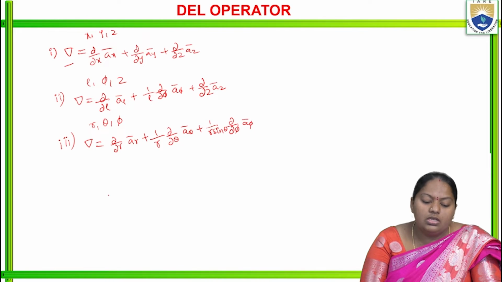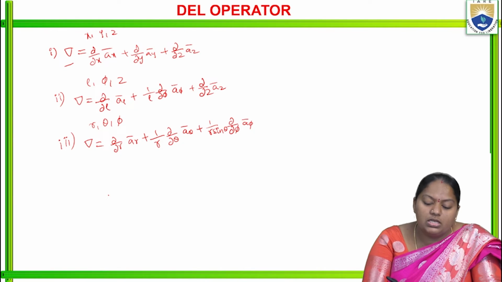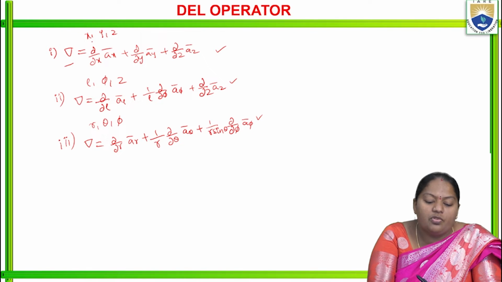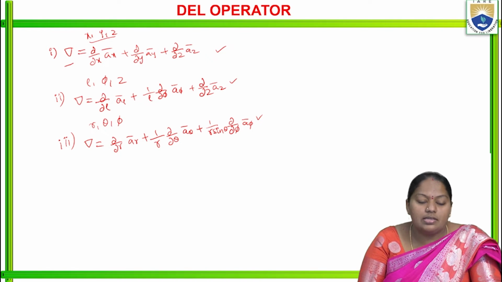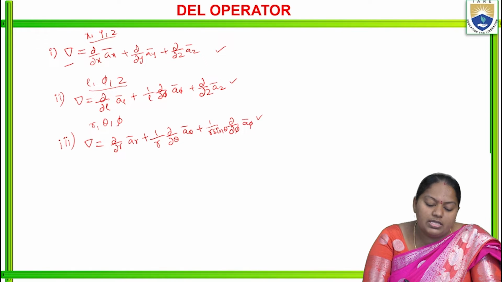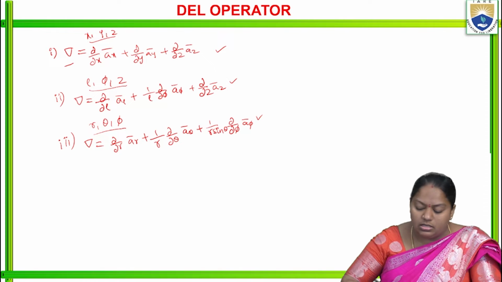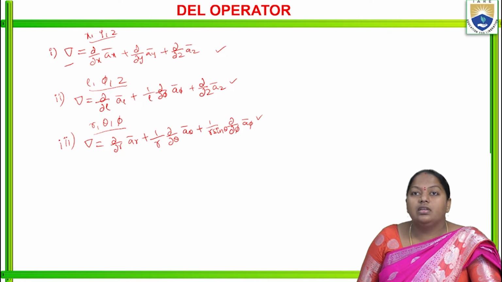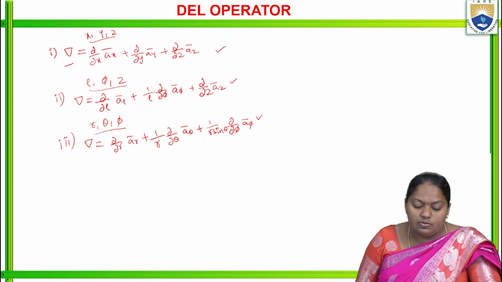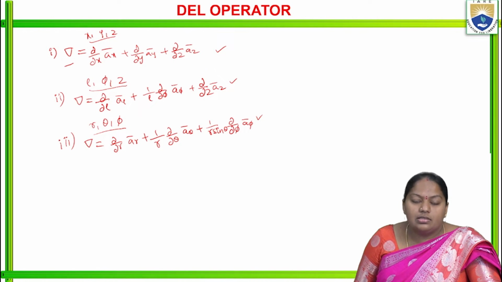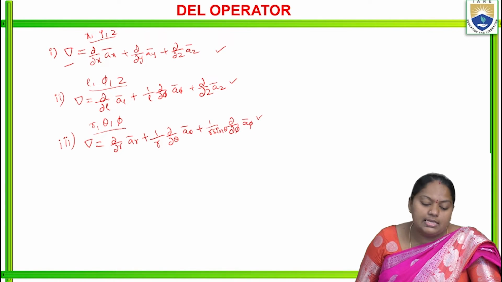Right? So here the del operator can be expressed in three types of coordinate systems: for the first type the variables are x, y, z, the next one is rho, phi, z, and the last one is r, theta, phi. And we have to consider that the del operator in the three coordinate systems is given by, in terms of x, y, z, dou by dou x into ax plus dou by dou y into ay plus dou by dou z into az.